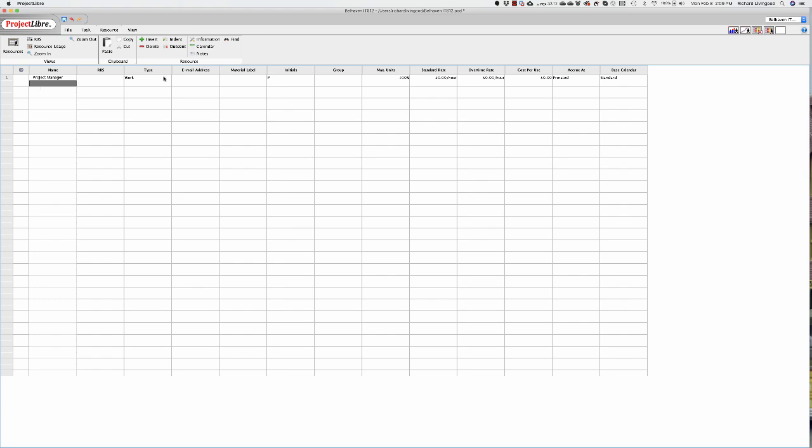And notice by default it picks work. Now there are some other types of resources. As you can see, not only is work there, but also material. Let's talk about the difference.